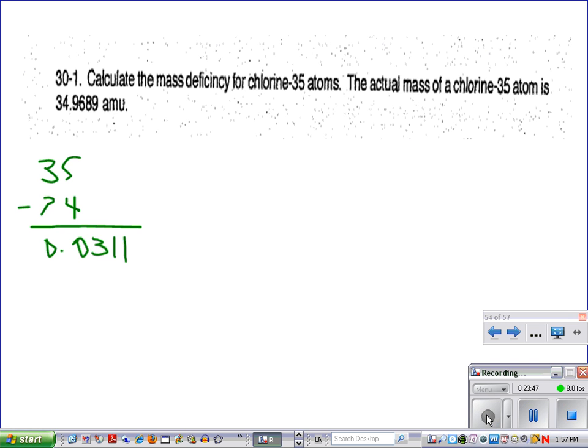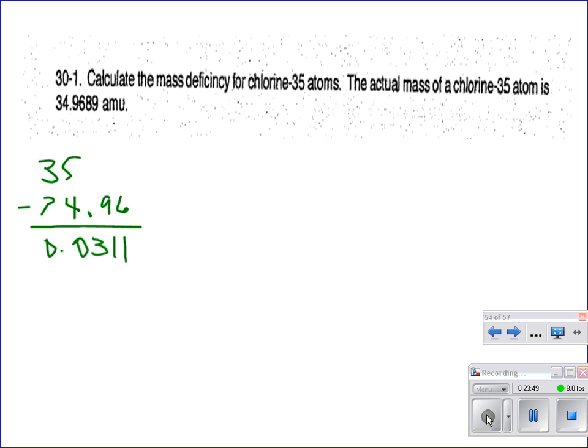Okay, 0.0311 is what you get as the mass defect after you subtract these. And the unit on this is AMUs. So that's the mass defect. It doesn't specify if they want it in kilograms or not, so we're done with that one.